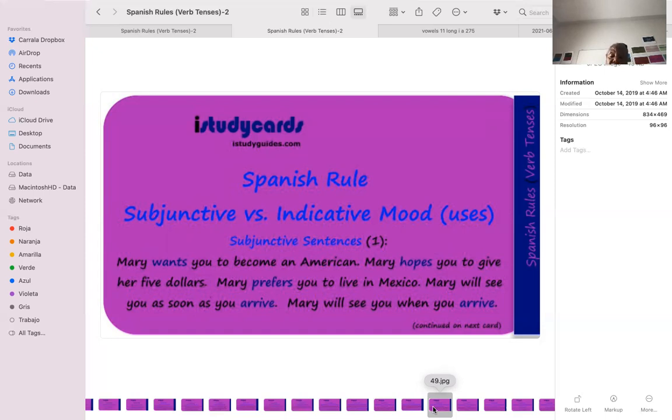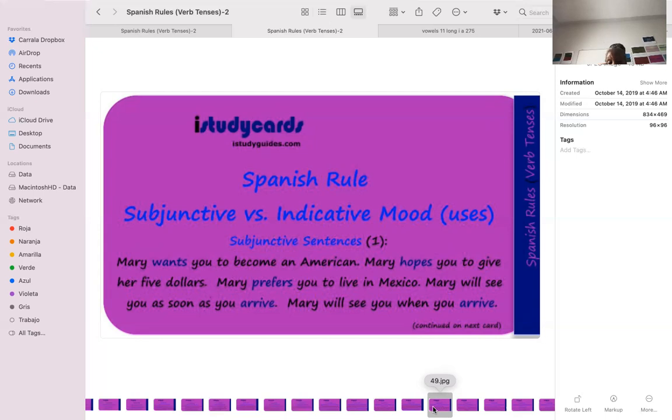Mary prefers that her child live in Mexico, rather than Mary prefers that her child lives in Mexico. Because she's talking about not an objective fact, but what Mary prefers or wants or hopes for.